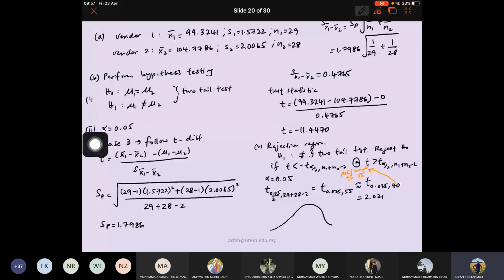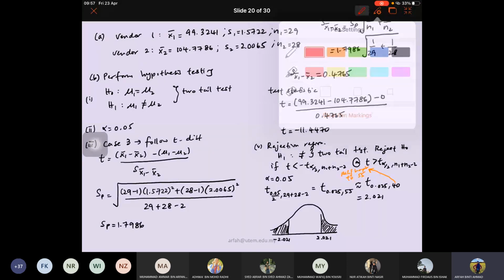So if we draw the rejection region, you will get this one. Okay. So put it in here: negative 2.021 or 2.021. So the shaded area is the rejection region. Your test statistic is negative 11, so it falls in the rejection region. So say here negative 11.45.